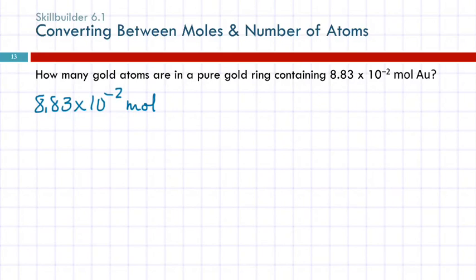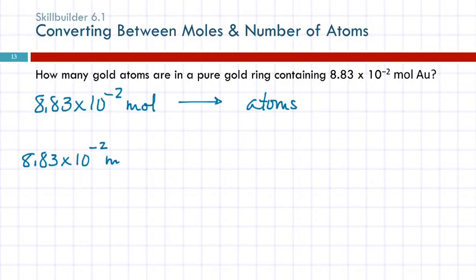And what is it asking me to find? Atoms. So I need to go from moles to atoms. Do I know a relationship between moles and atoms? It's Avogadro's number. So it's like going from dozen to a number of things. So I can do this in one step.